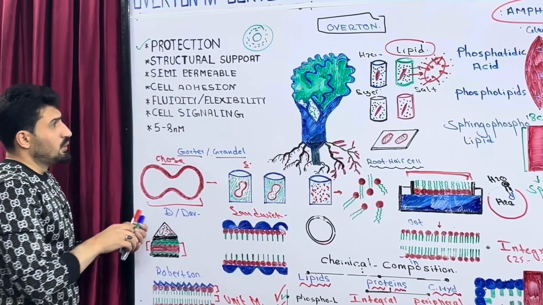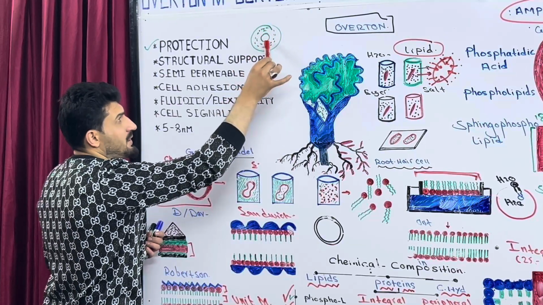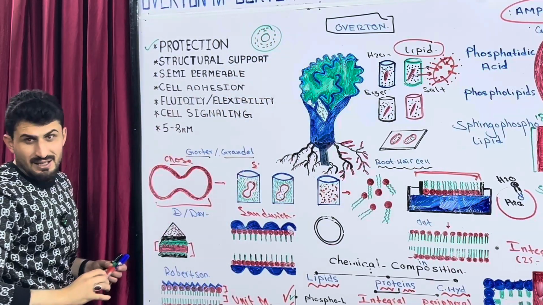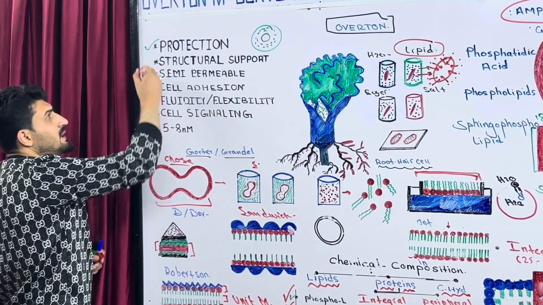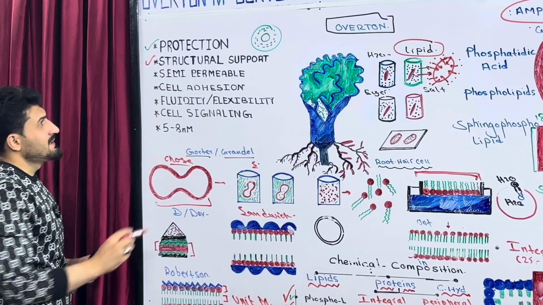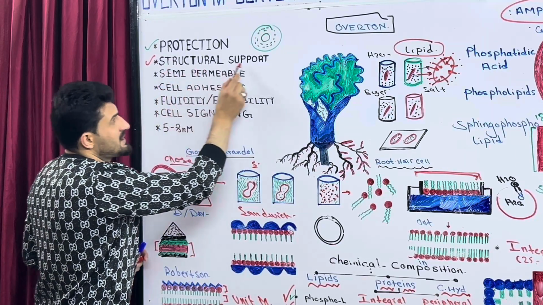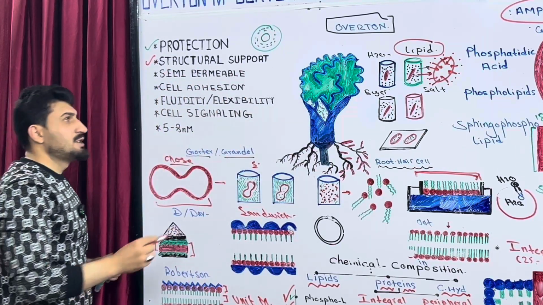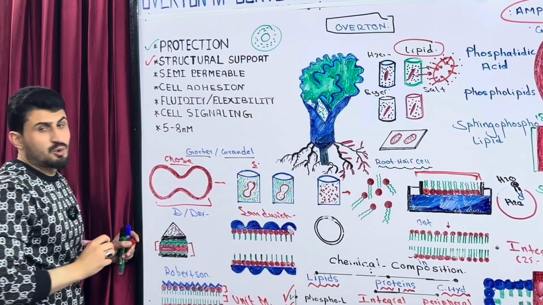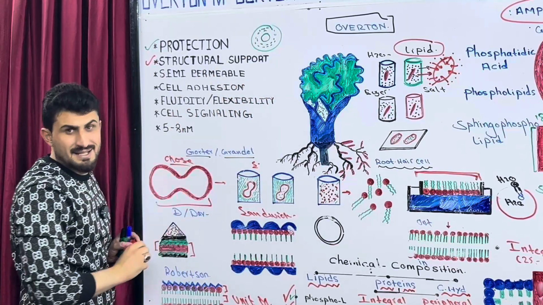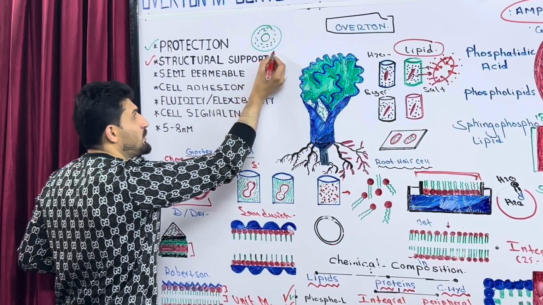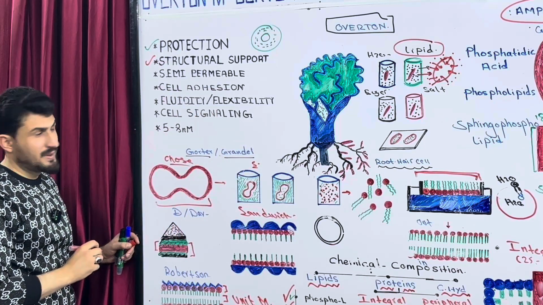So all of these materials are protected by the cell membrane. Another function is that it has a role in structural support of a cell. It means it gives strength to our cell and supports our cell structurally.